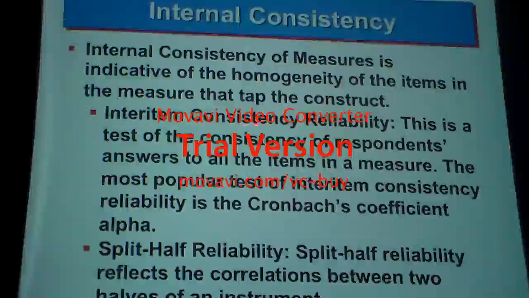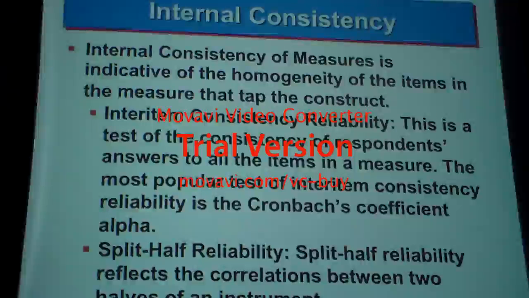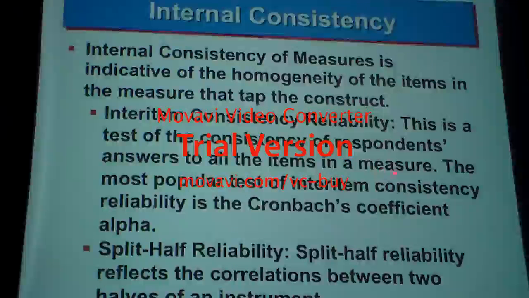using this term, inter-item consistency reliability, which is a test of the consistency of respondents' answers to all the items in a measure. So we will look at the measure and compare whether this respondent answers the other items in the measure consistently. Okay? The most popular test of inter-item consistency reliability is called Cronbach's coefficient alpha.